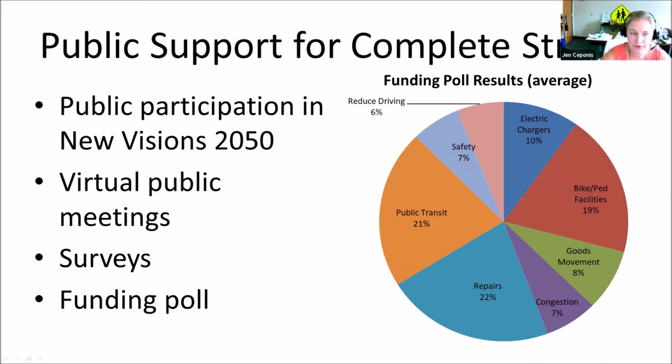During the Nuvisions plan update, we engaged the public and our stakeholders and asked them how they feel about different modes and spending in the region. And through surveys and virtual public meetings and an interactive funding poll we had set up, we did confirm that there was still quite a significant amount of support for complete streets.